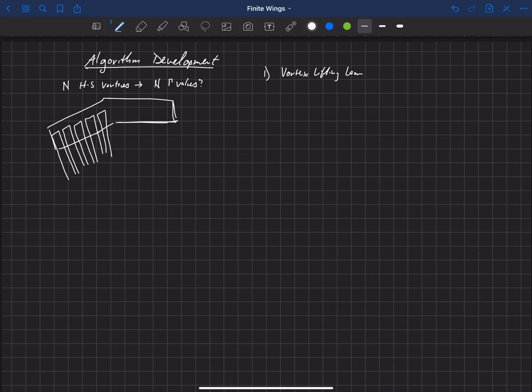So from the vortex lifting law, I know that for one of my horseshoe vortices, we'll call it vortex I, the force that is produced, and the direction of the force of that vortex, is equal to rho times gamma I times the local velocity cross L_I. Okay, so let's define some things here.